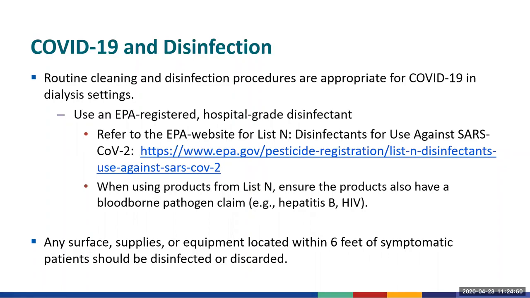The EPA has a list of these products called List N available on their website, which is on the slide, or you can find a link to this list on the CDC website. For dialysis, it is especially important to ensure the product chosen has a bloodborne pathogen claim as well. Any surfaces, supplies, or equipment located within 6 feet of a symptomatic COVID-19 patient should either be disinfected or discarded if it can't be disinfected.